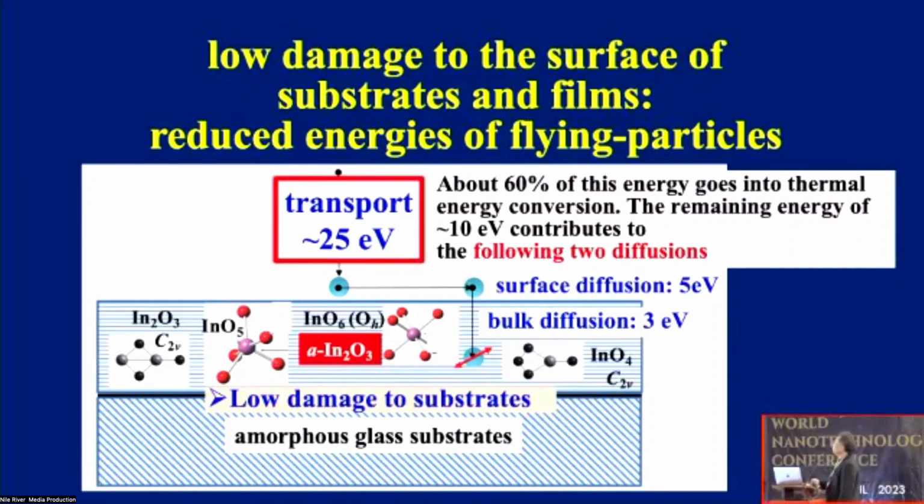The remaining energy of just 10 electron volts contributes to the two diffusions: surface diffusion and bulk diffusion. You find no excess energy of the flying particles, and low damage.